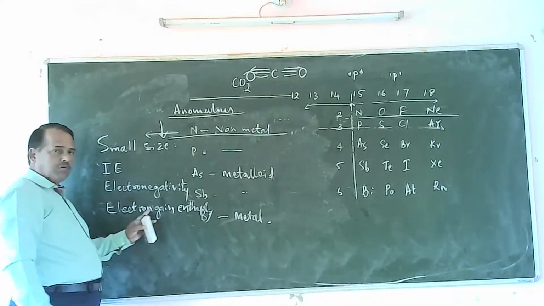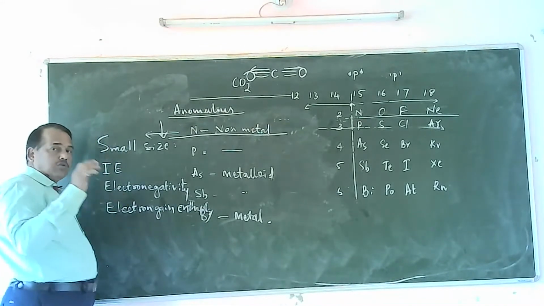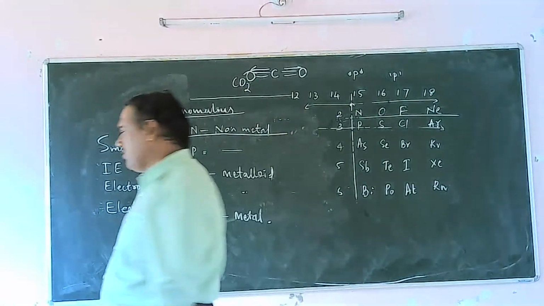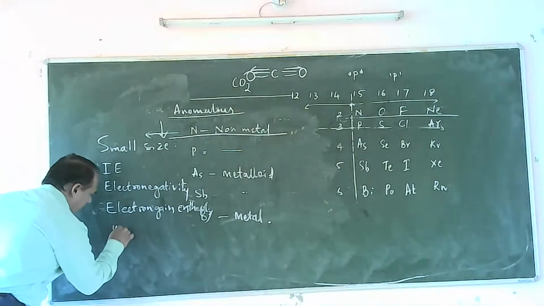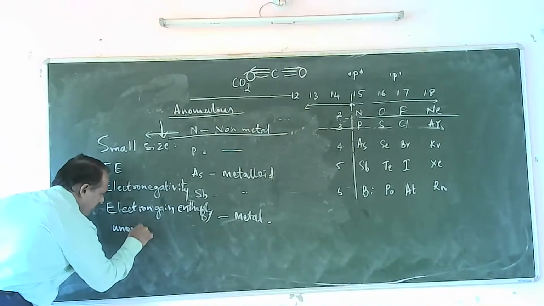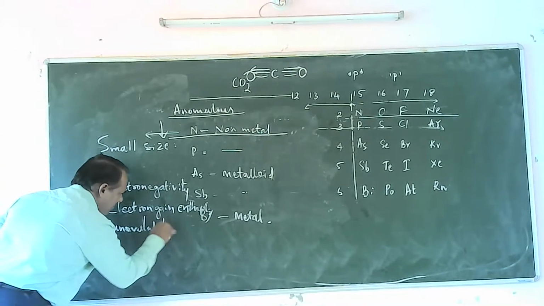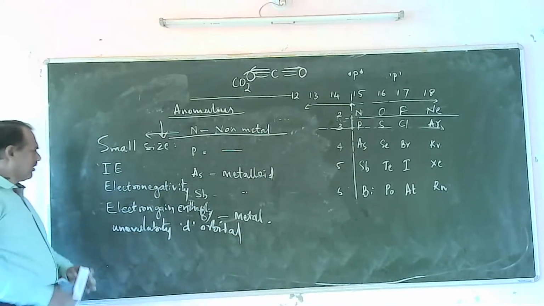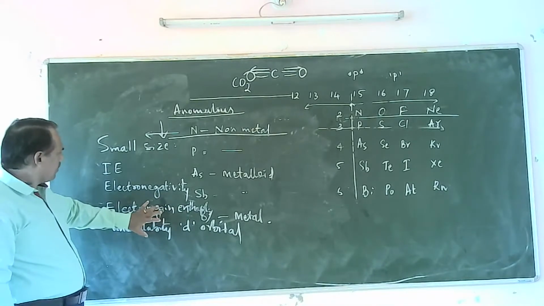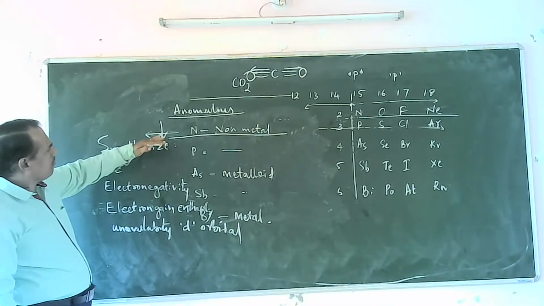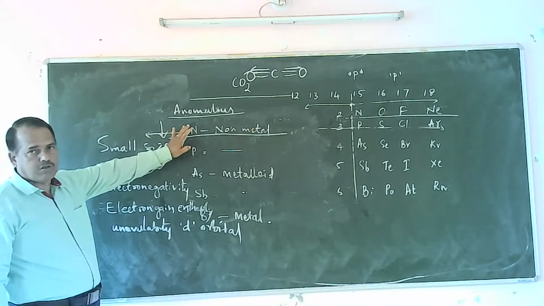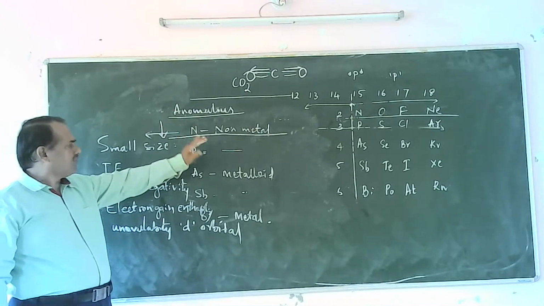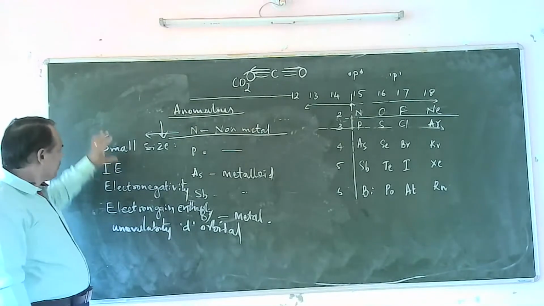Another reason is unavailability of d orbitals. Are you clear? So these are the anomalous behaviors of nitrogen. Due to these characteristics, nitrogen is anomalous compared with other elements.